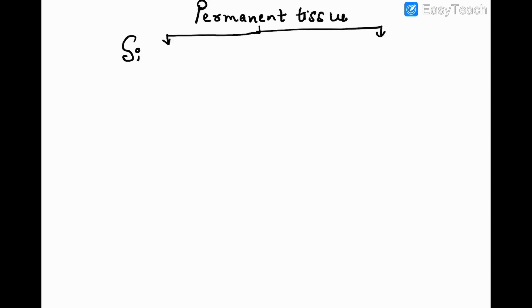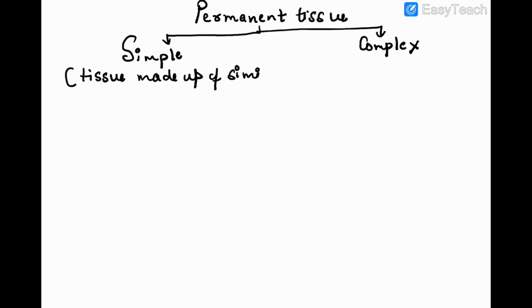Now let us talk about permanent tissue. Permanent tissue is of two types: simple permanent tissue and complex permanent tissue. Simple permanent tissues are those tissues which are made up of one type of cell, similar type of cells.